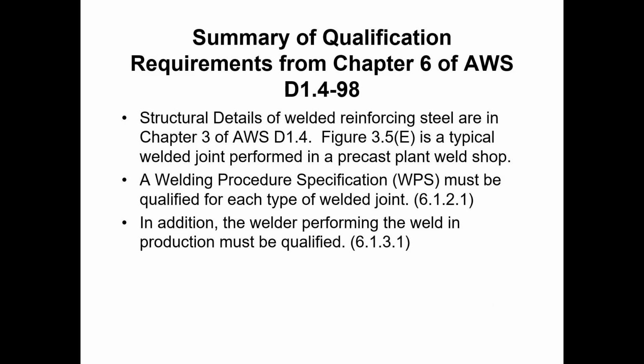In addition to that, the individual, the welder performing the welding, has to also be qualified. Not only be a qualified welder, but they have to be qualified on that specific joint.